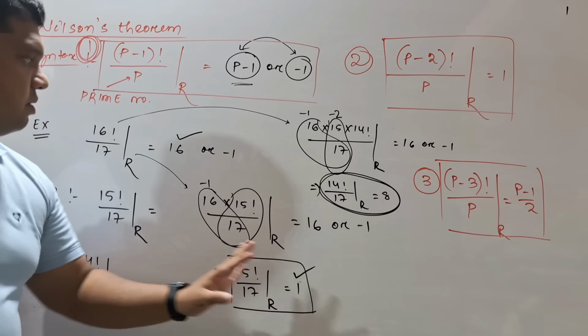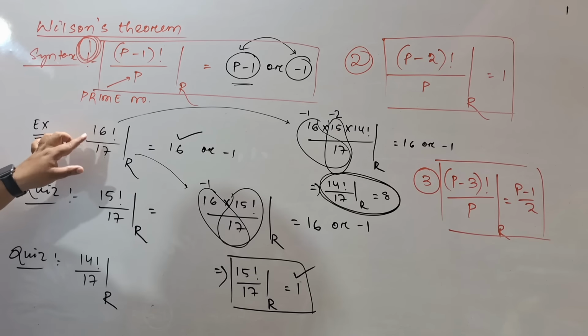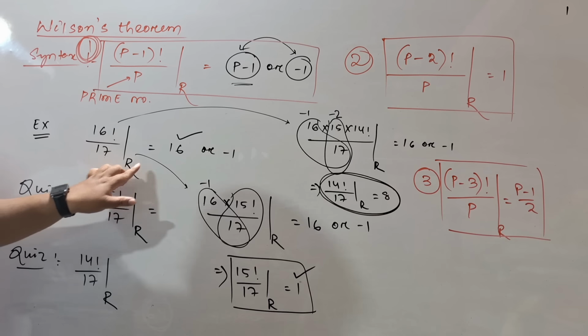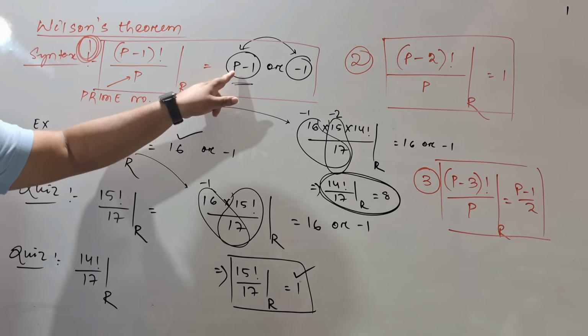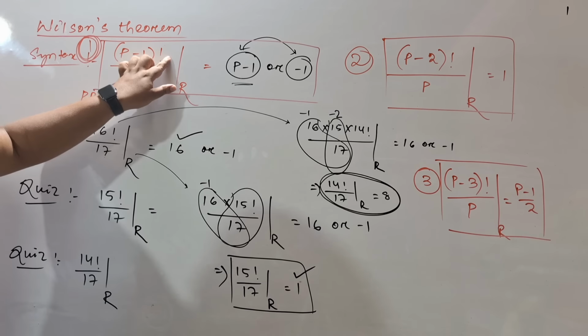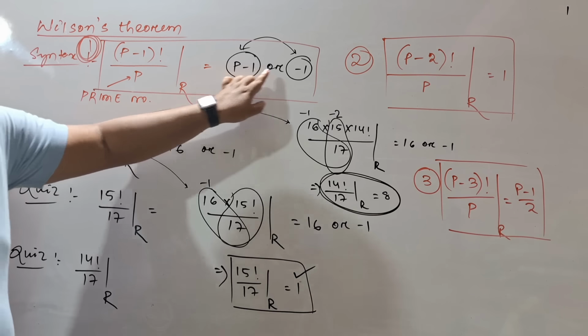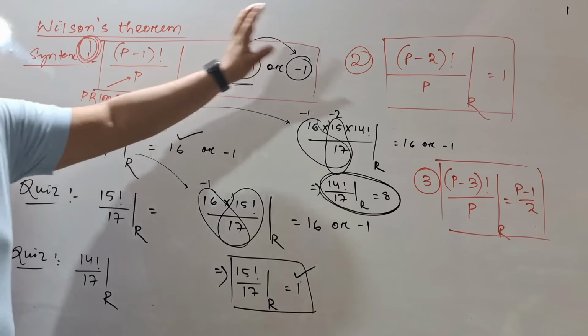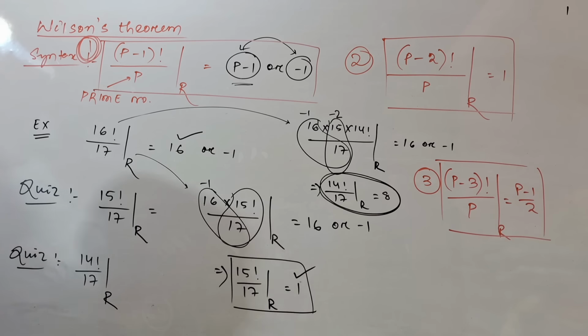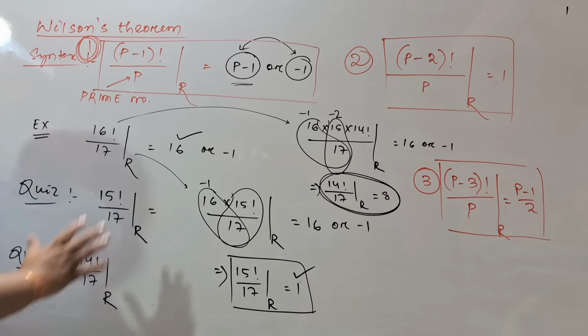This is the proof. If you know 16 factorial divided by 17 has remainder 16 or minus 1, this is the formula: (p minus 1) factorial divided by p has remainder p minus 1 or minus 1. If you know this, you can derive everything. Are you clear?